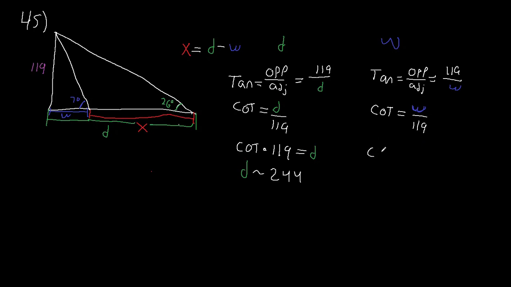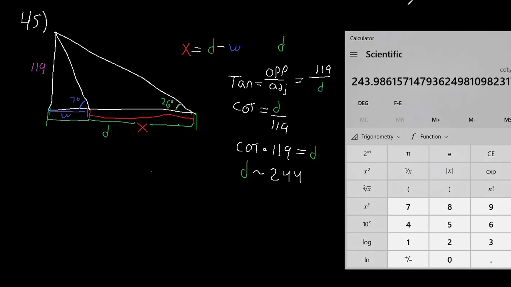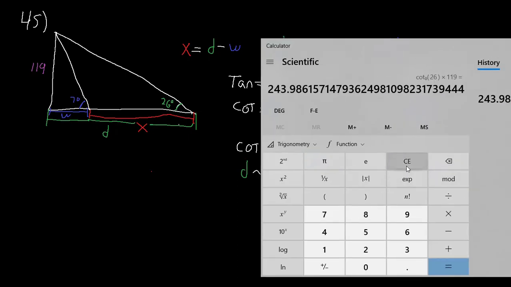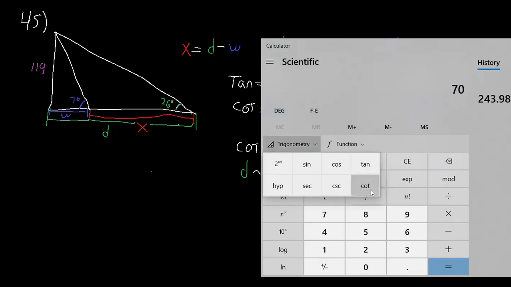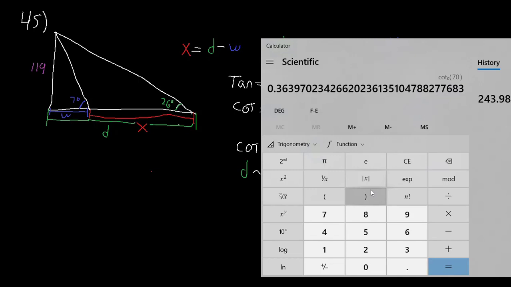So we do cotangent of 70 times 119 equals our W. If we do that math, we clear this out and type 70, trigonometry, cotangent, times 119.